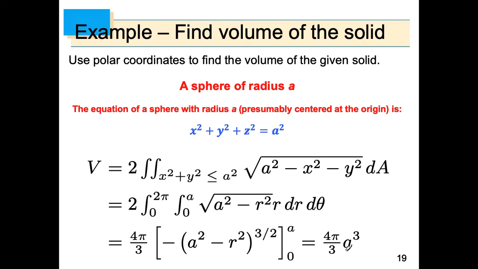In this case, the radius is a, so I have 4/3 pi a cubed. But if you're thinking, well, why didn't you just tell me that in the first place? Well, how do you think they actually got the volume of a sphere in the first place? They got it using this, among other methods, but this is one of the methods they used to prove that the volume of a sphere was, in fact, 4/3 pi r cubed.